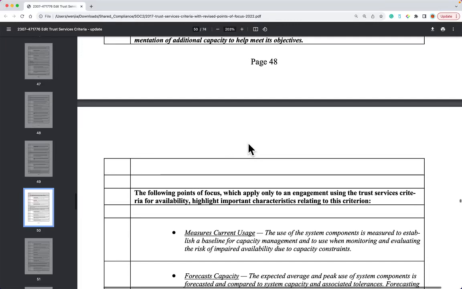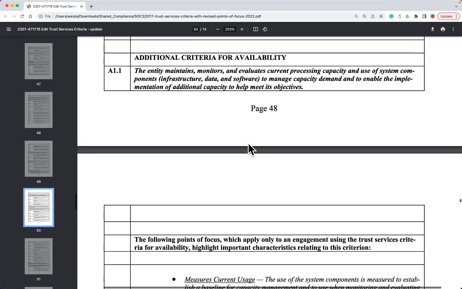Okay, now let's check additional criteria for availability.